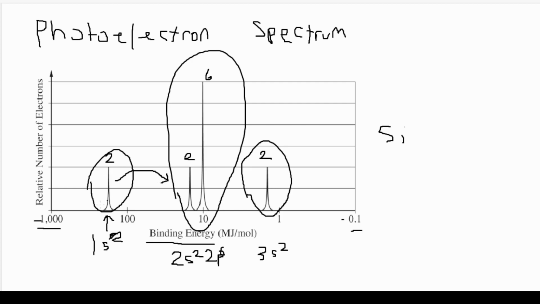You need to understand why the peaks are at different points, and that's just Coulomb's law. If it ever asks you why the peaks have different energies, it's because of Coulomb's law. The ones at the smaller energies represent electrons that are farther away, so they experience less Coulombic attraction. The ones closer to the nucleus experience more Coulombic attraction, a stronger force, and so they have a higher binding energy.